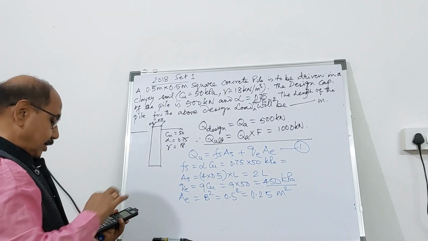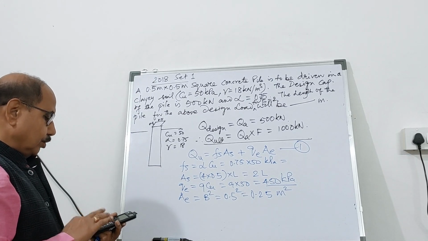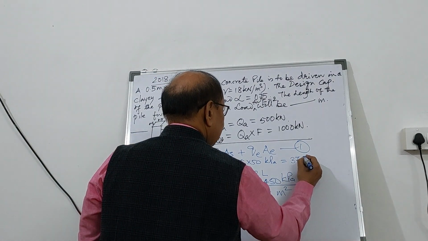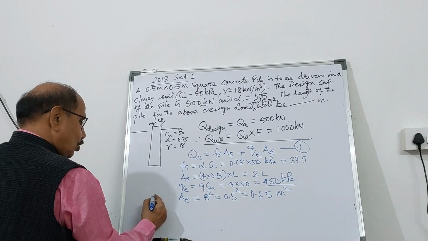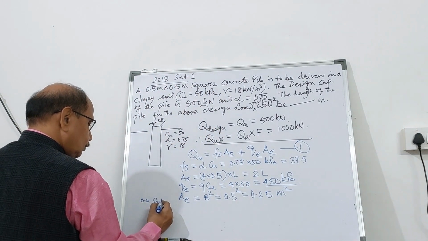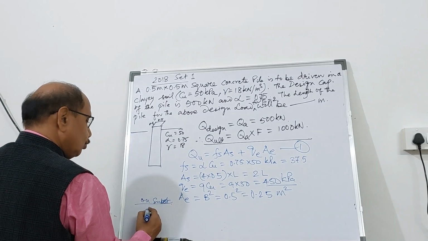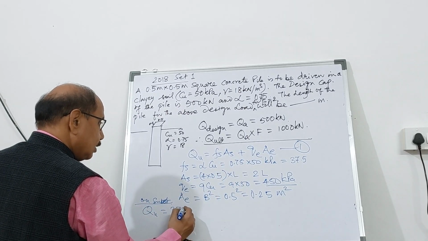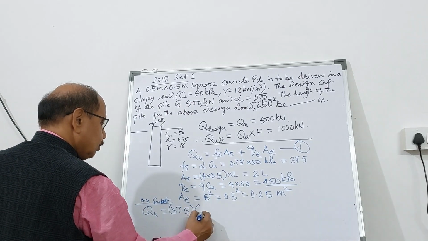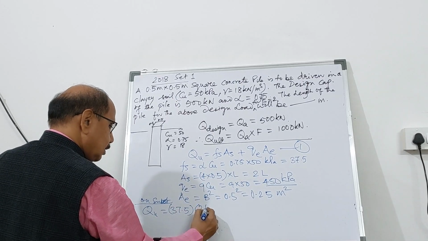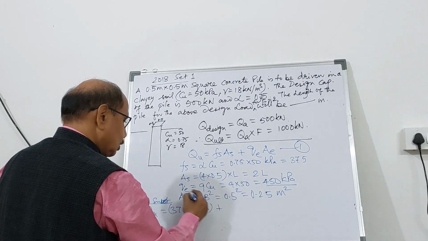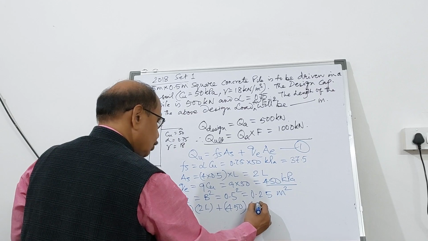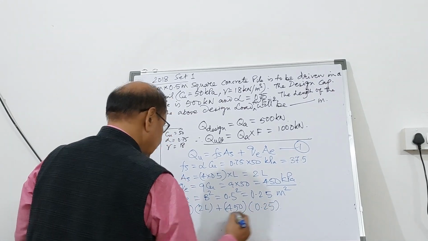0.75 multiplied by 50 will give you 37.5 kilopascal. So this is going to be 37.5. So on substitution, what you get? Qu equal to 37.5 multiplied by 2L plus 450 multiplied by 0.25.